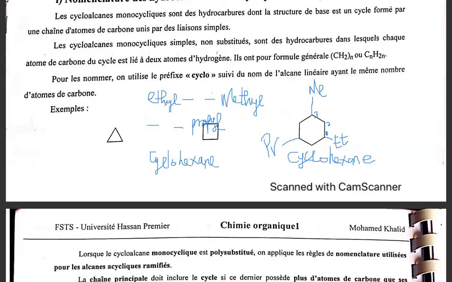So now we just give positions. The ethyl is at position number 1. The methyl is at position number 1, 2, 3. And the propyl is at position number 3, that's 4 and 5.